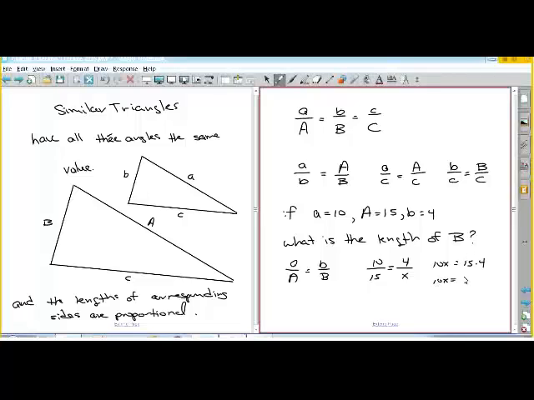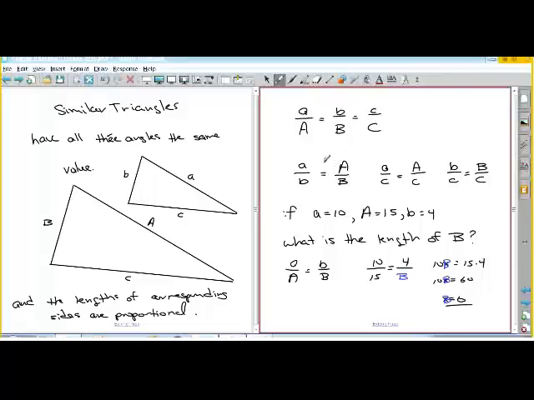So you get 10x is equal to 60, or x is 6. Well, I used x. I should have used capital B. Let me fix that. Sorry. You can leave it as x if you want to. Let's make this B. So the length of side B is 6. And you can see 10 divided by 15 is 2/3, and 4 divided by 6 is 2/3. It's the same ratio. So that's using this way.